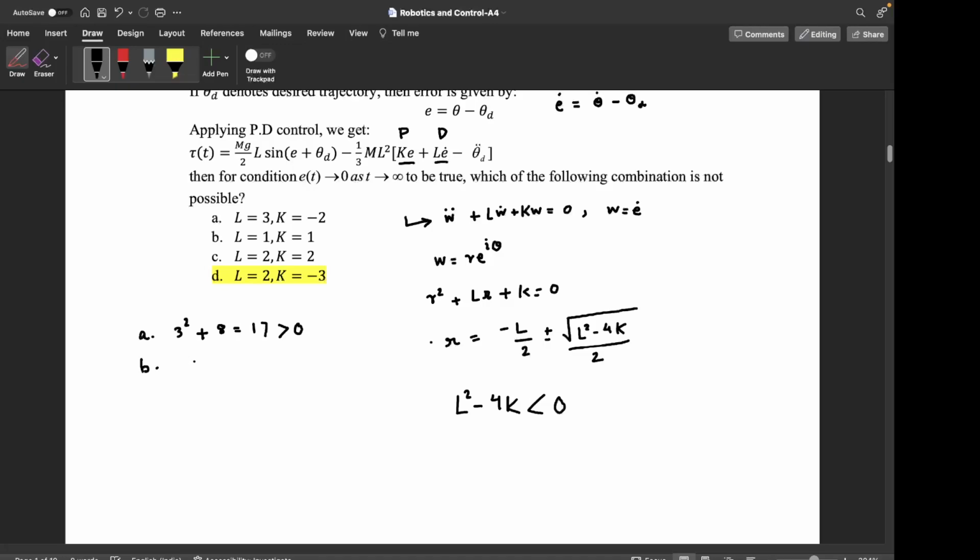Second case, it will be 1 square minus 4, which is minus 3 and less than 0.